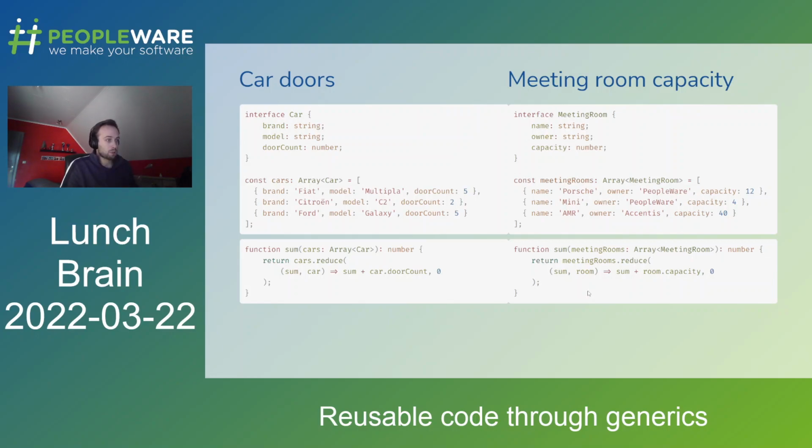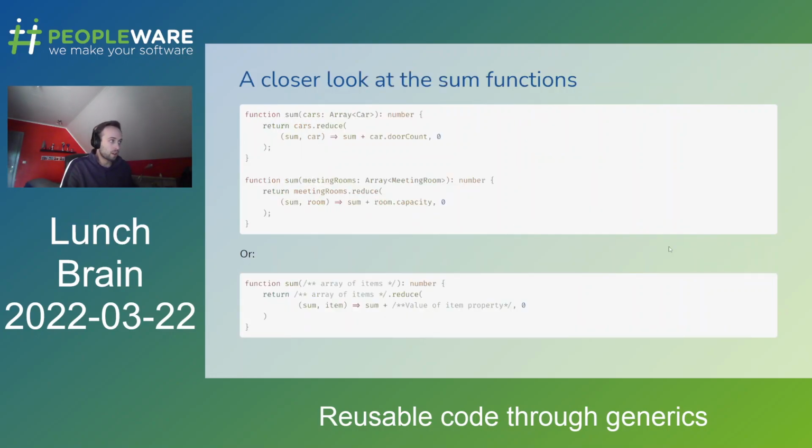So in TypeScript, this being typed, we can use generics to extrapolate this into a single sum function. If you have a closer look at both the sum functions, to add the door count together and to calculate the total capacity, we notice that we have this syntax going around.